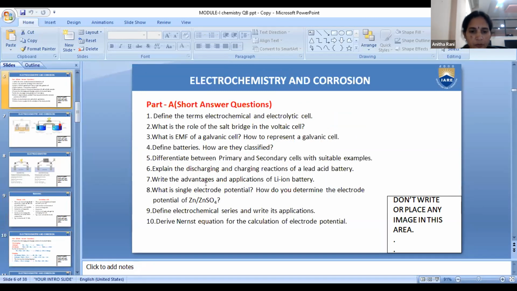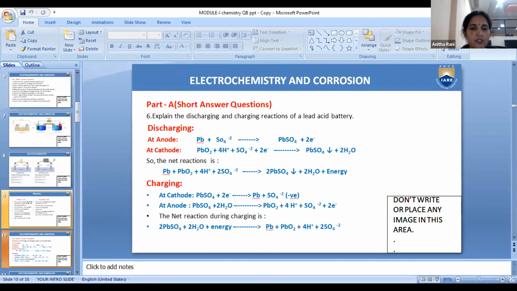The next question will say, explain discharging and charging reactions of lead acid battery. What are the anode, cathode, and electrolyte in a lead acid battery?